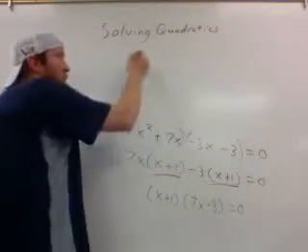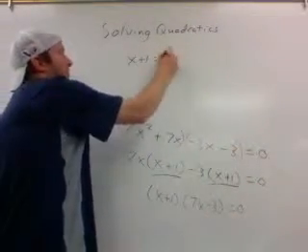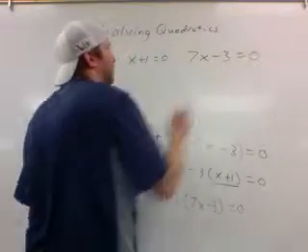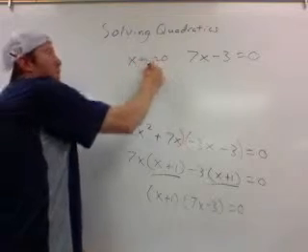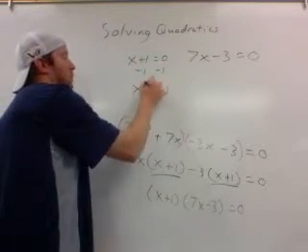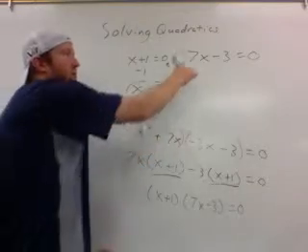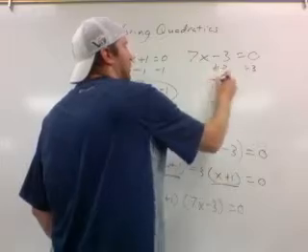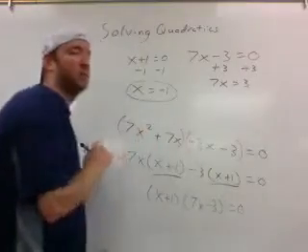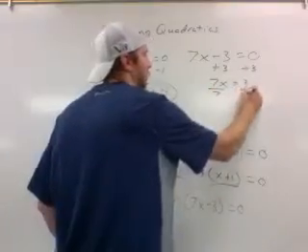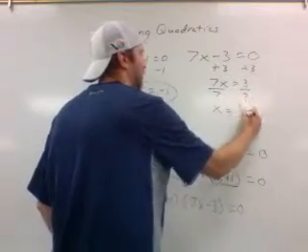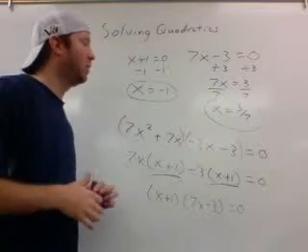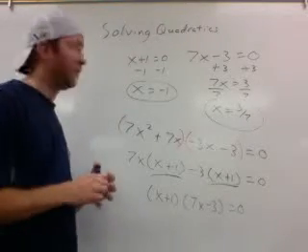I'm going to set x plus 1 equal to 0 and 7x minus 3 equal to 0. x plus 1 equals 0, subtract 1, so x equals negative 1. 7x minus 3 equals 0, add 3. 7x equals 3, divide by 7. x equals 3 sevenths. That can't be reduced. There are my two answers: x equals negative 1 and x equals 3 sevenths.